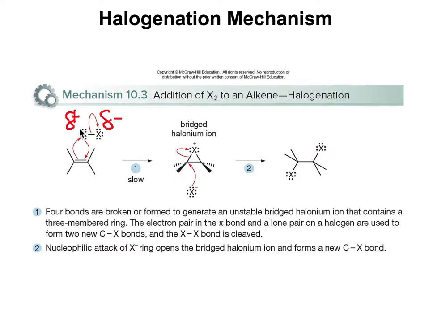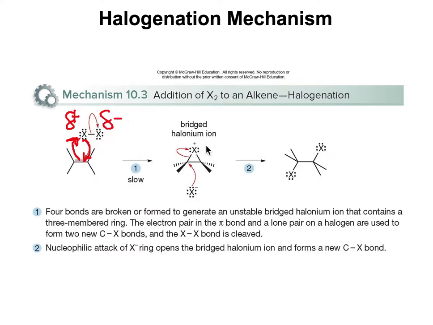If you follow the flow of electrons, you will see how the double bond attacks here, and then at the same time, the halogen will form another bond with the double bond. So one molecule adds to both sides of the double bond. But remember that one X left with a negative charge.